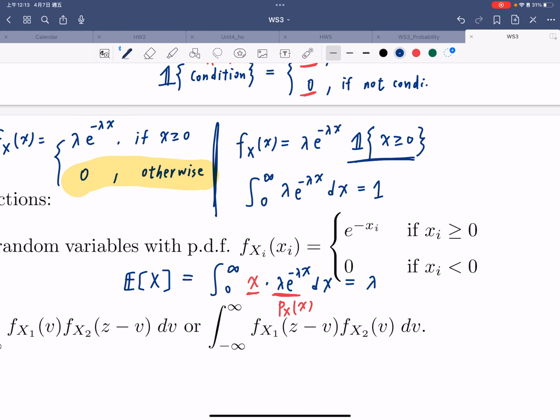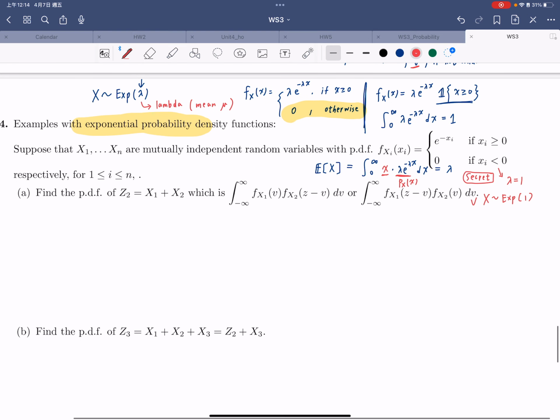But you know, secretly, this is the lambda equals 1 version. So you can write x follows exponential 1. If you write this, I will think you are an excellent student.